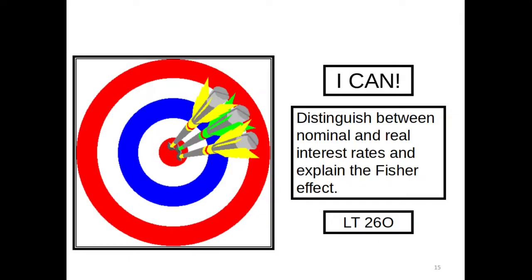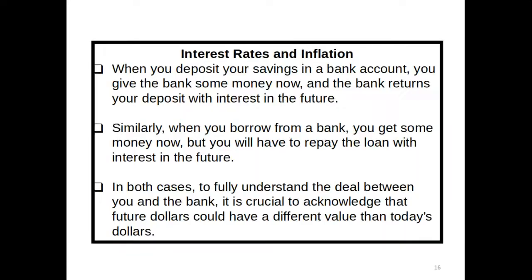So let's talk about nominal and real interest rates and the Fisher effect. So, interest rates, I had a professor in college who said, think of interest rates as the cost of borrowing money. The interest rates you pay on a loan, that's the cost you take to borrow that money.